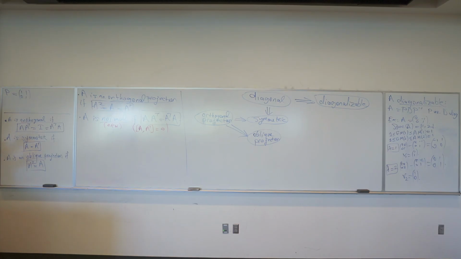Determinant non-zero means invertible. It has an inverse, and in fact, you can compute the inverse to be this. And if I were to look at the diagonal matrix with eigenvalues on the diagonal, PDP inverse is going to be A. I'll do that here.